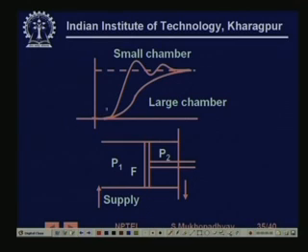For example, for small chambers it is going to be an under damped response. The pressure will build up, then overshoot and gradually settle to the real pressure, while if you have large chambers, sometimes this can be an over damped response. But in any case, a certain amount of time, for example this much time, will be required before the actuation will take place.